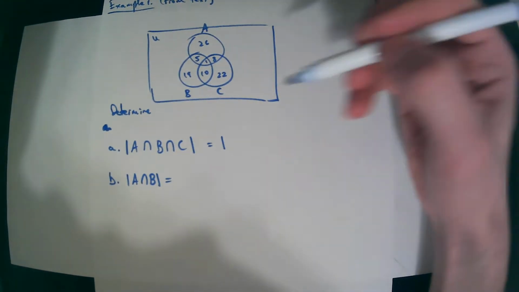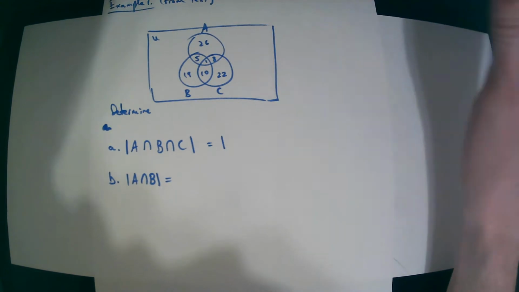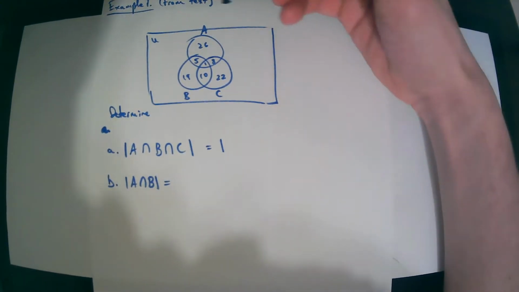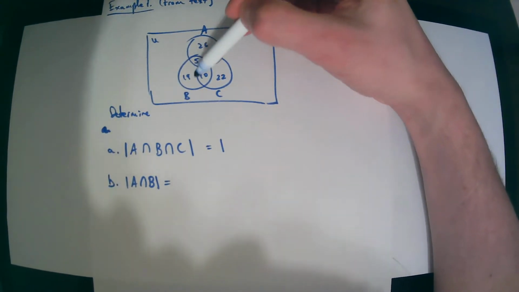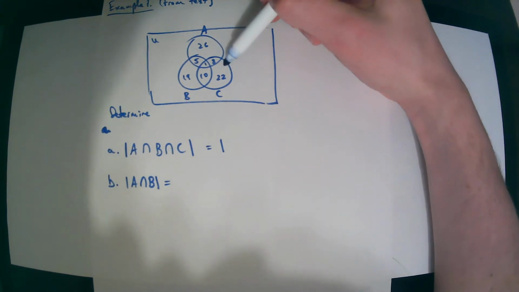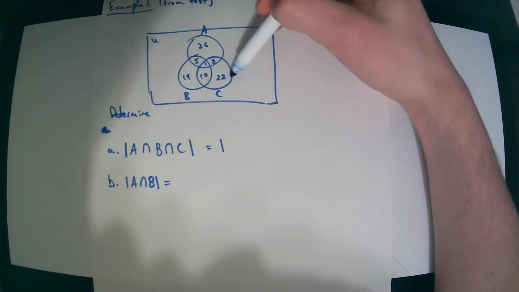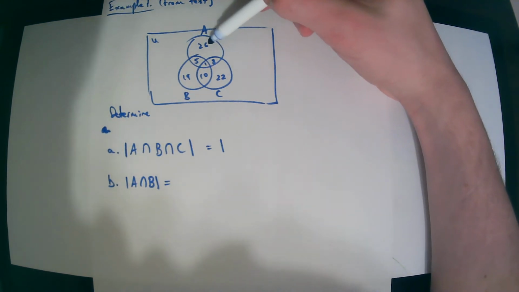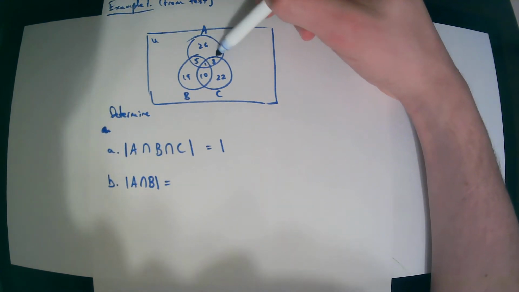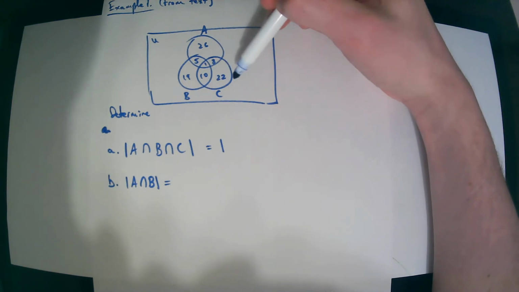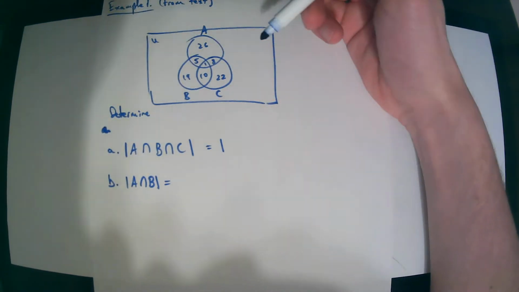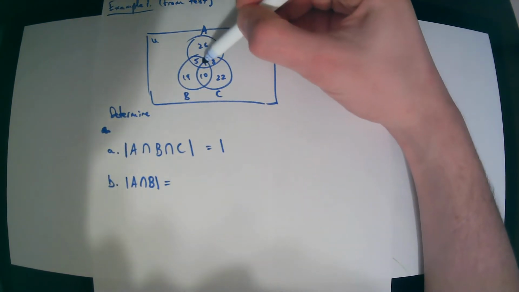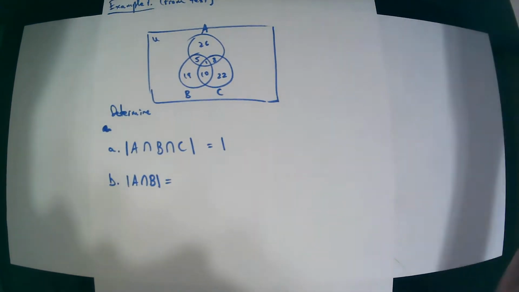Intersection. Disregard what I just said. Okay, we're looking at the intersection, so the stuff that's in A and B at the same time. So not only will the 22 not be involved because it's in C, but this 8 won't be involved, and this 26 won't be involved because those are just in A and not in B. What numbers are in A and B at the same time? Well, the 5 and the 1.